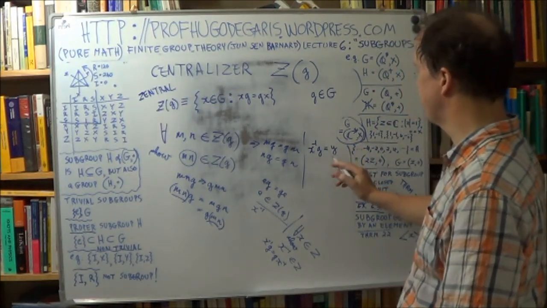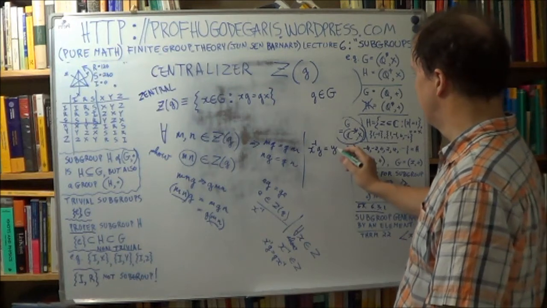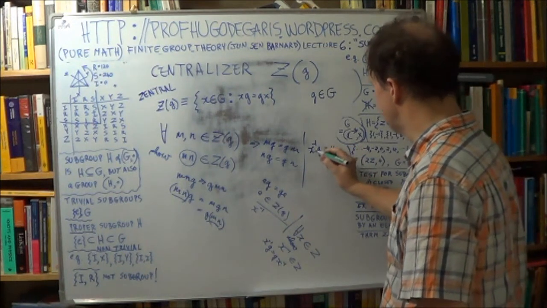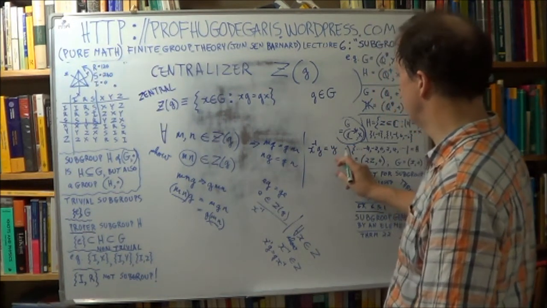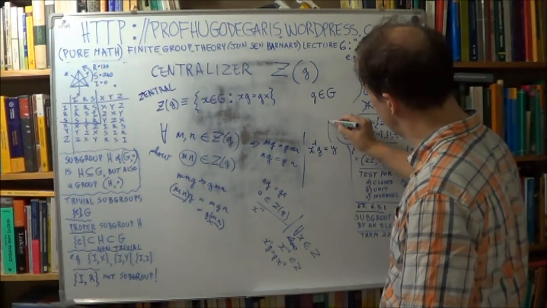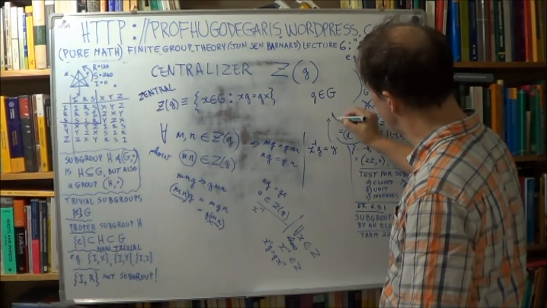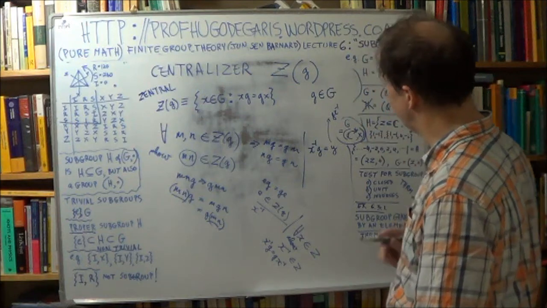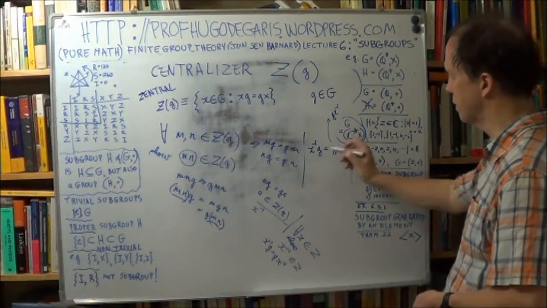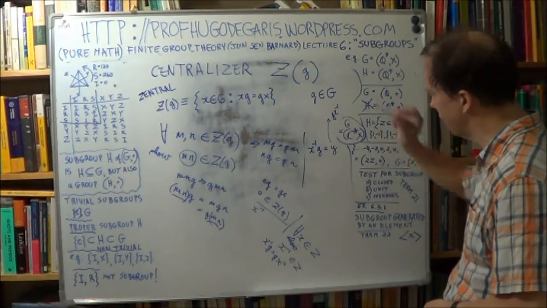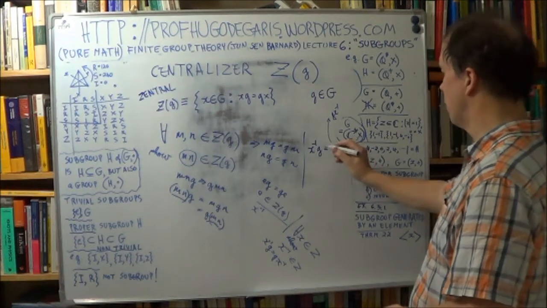Let's try to prove that y is equal to g x inverse. Now, we don't know what y is.